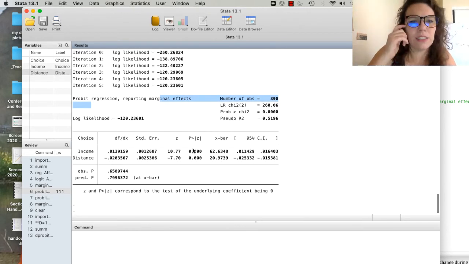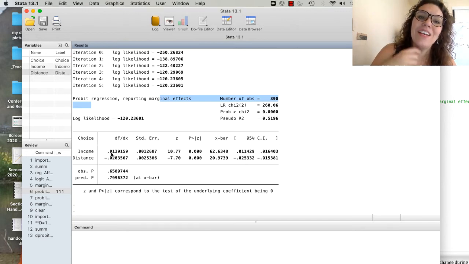And now I can see here, I've got a positive relationship between income and the probability a person takes the car to work. And I have a negative effect between distance and the probability that a person takes a car to work.